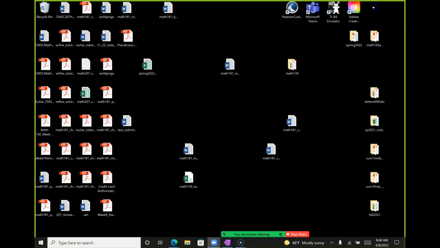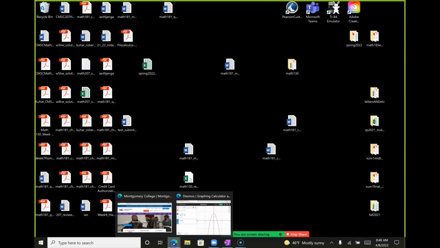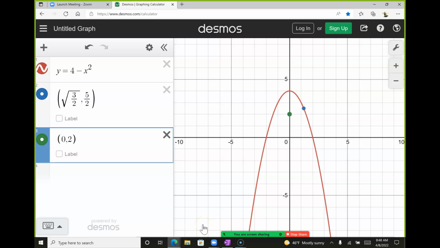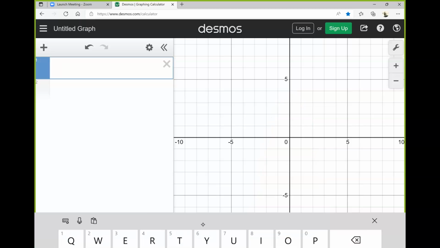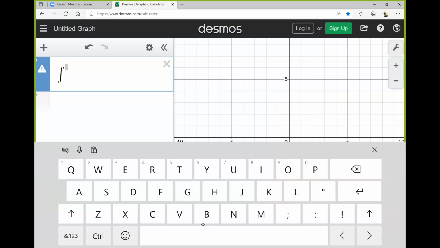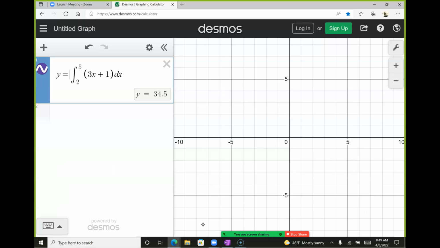It's nice to do it on Desmos too, so let me do it on Desmos real quick. Integral from 2 to 5. I just start typing integral, and it gives me an integral symbol. Of, what was it, 3x plus 1? dx. And there it is, 34.5. If I make it y equals, I think I get a nice picture. Do I? No.